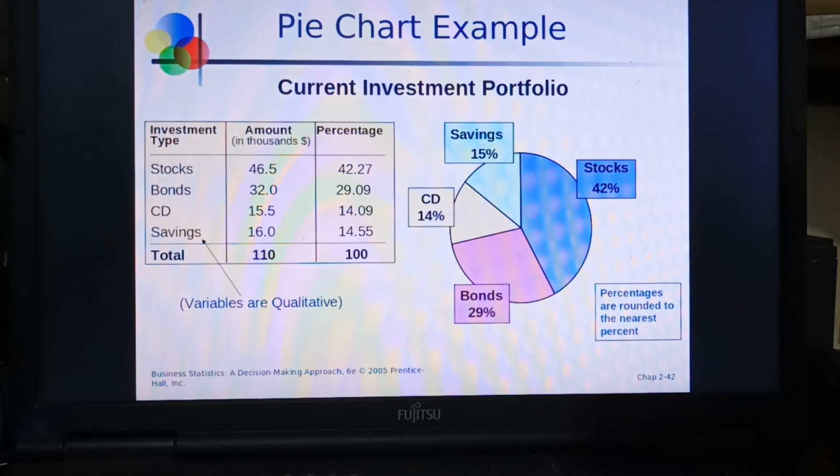you would attract penalties. So CDs, certificate of deposits or term deposits, is better left to itself until the time lapses.